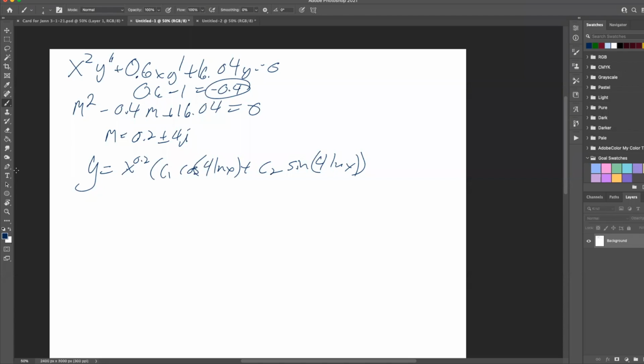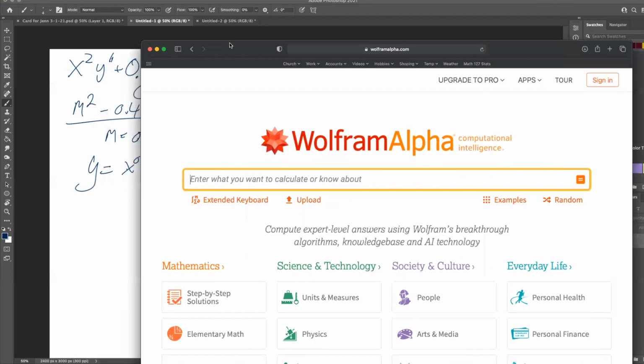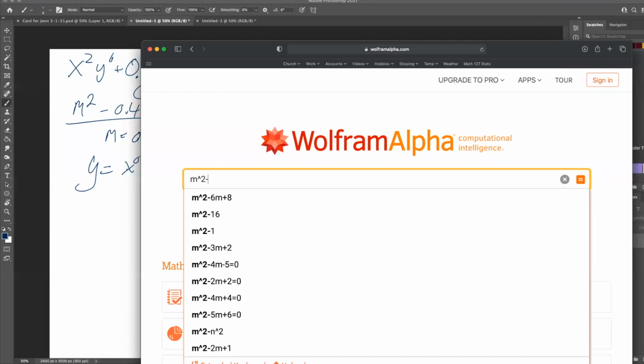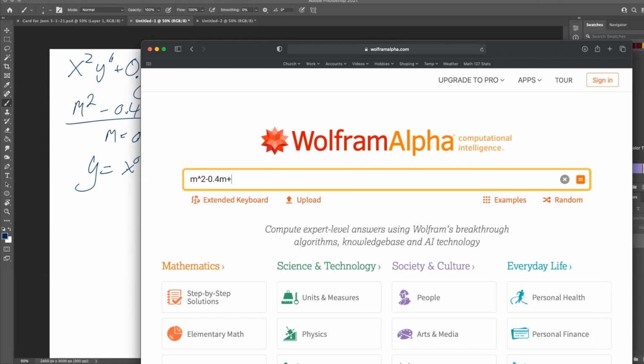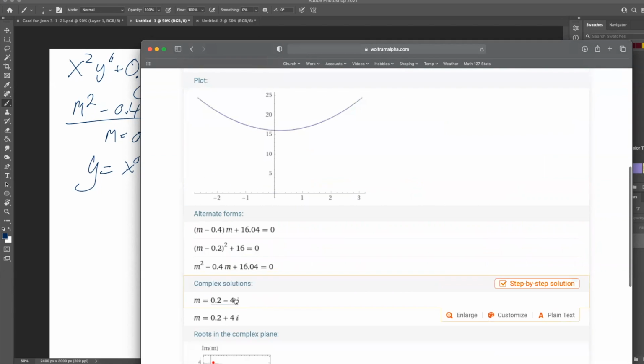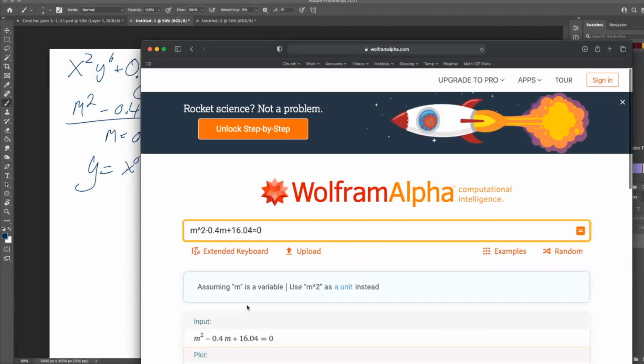How did you get that? Just throwing this through a calculator. Yeah, let's do that real quick. So if I have m squared minus 0.4m plus 16.04 equals 0, through a calculator you can use the quadratic equation.